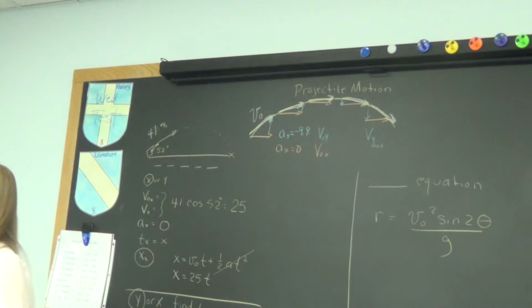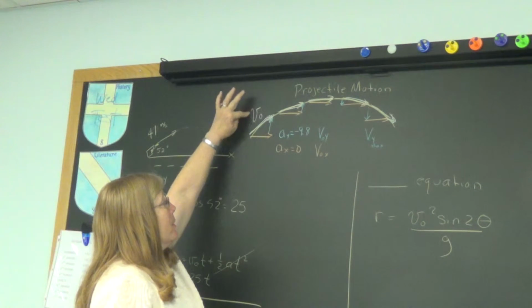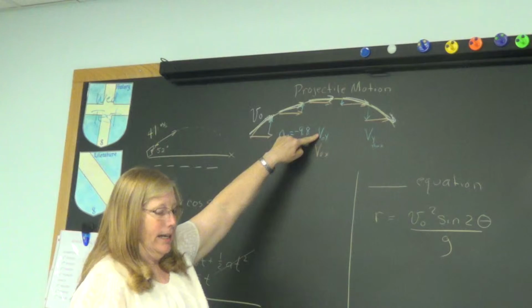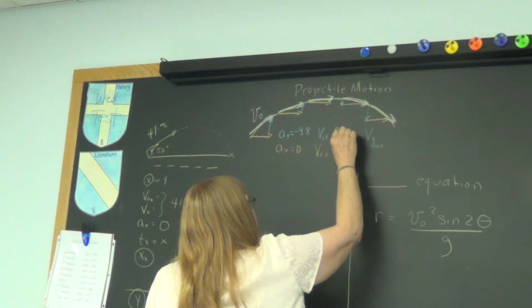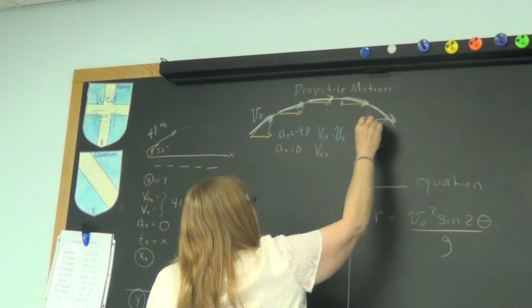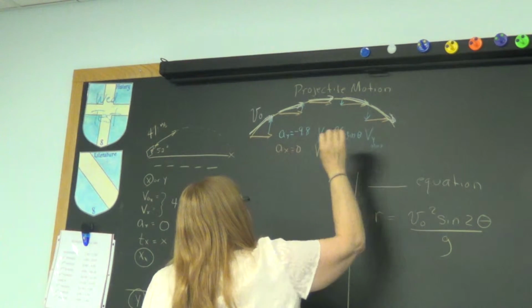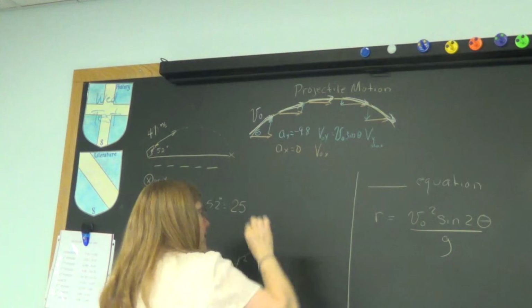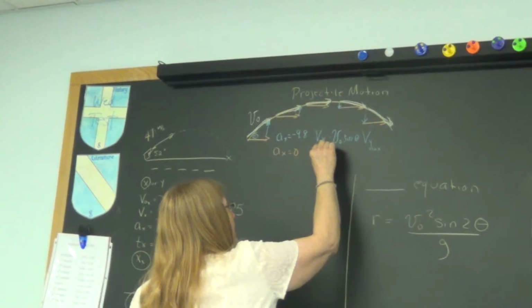Velocity initial in the Y direction, we're given a number here. We can't just use V sub O. So what do we have to do, Brian, with this value when we're working in the Y direction? We have to take that velocity and multiply it by the sine of whatever angle we're shot at. I should put in an angle there for emphasis. And what happens in the X direction?